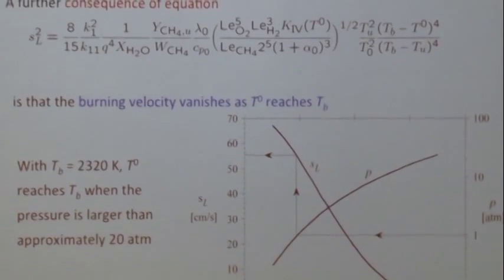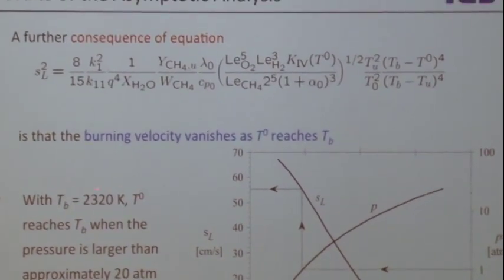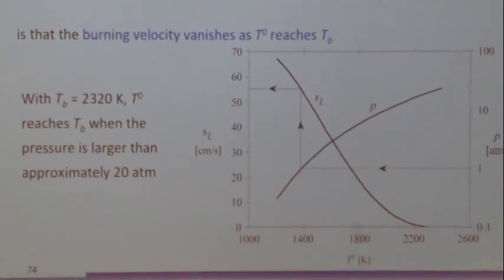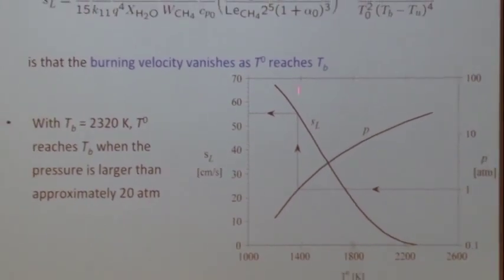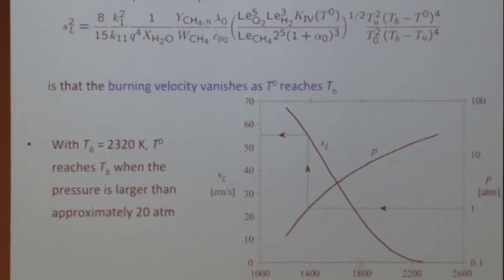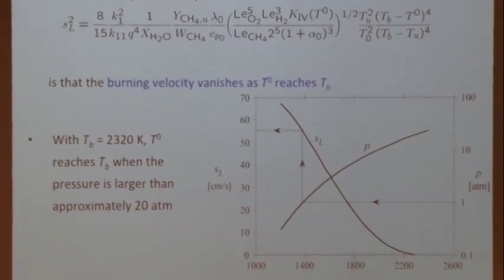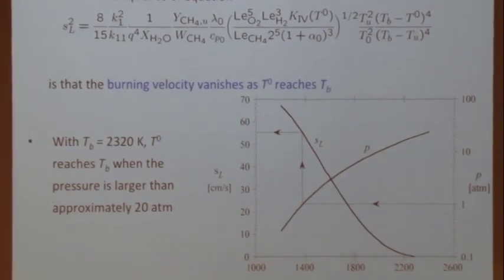And another thing that's quite interesting is that you see T naught is basically fixed. It's independent of the chemistry, independent of the composition, whatever. We said earlier T naught is only a function of the pressure. You fix the pressure, you have the T naught, okay?